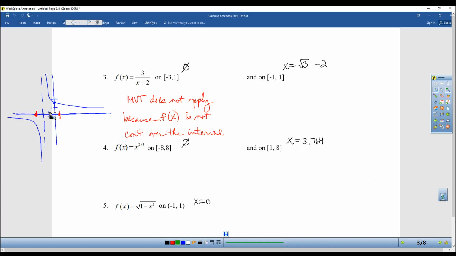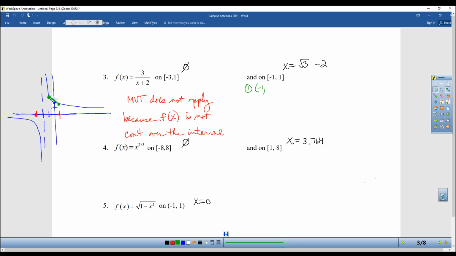So now my interval is from -1, which is right here, to 1, which is right here. So on that interval, this function is continuous, so I can do the mean value theorem. I can find that slope. So remember, step 1 is to actually find the slope. So I need 2 points. At -1 it's 2. Is that right?